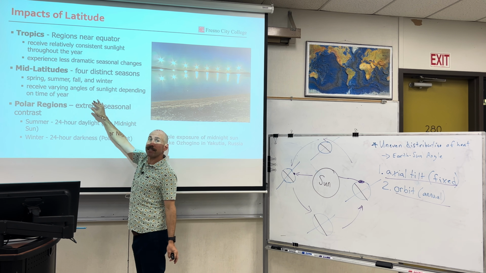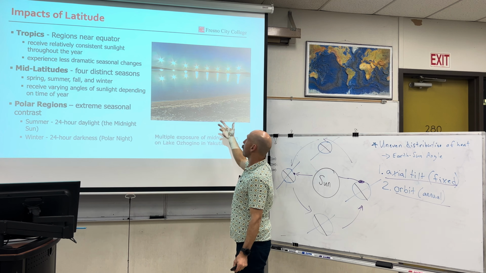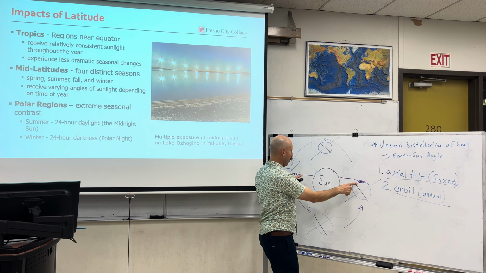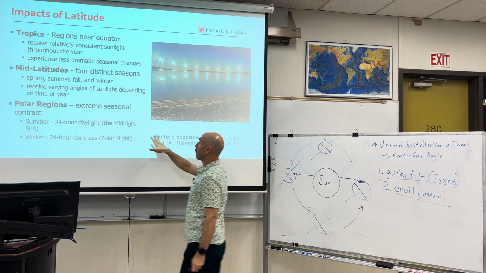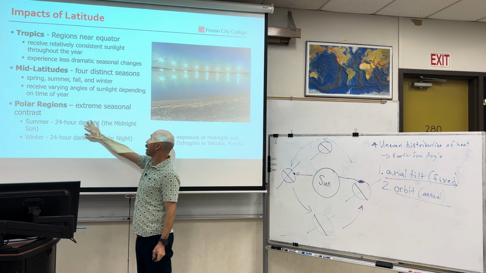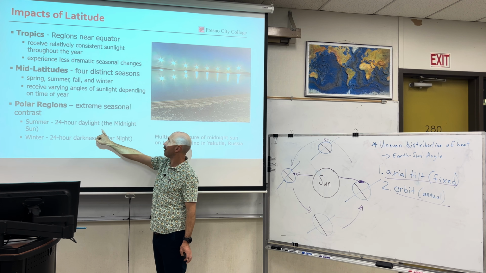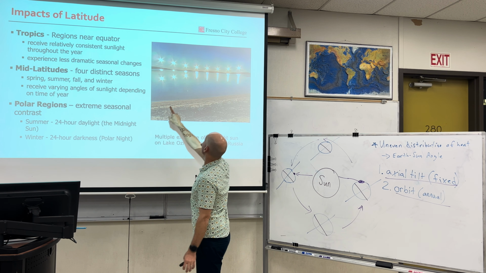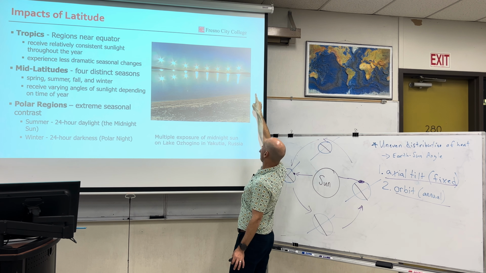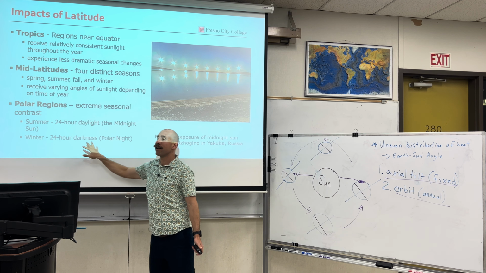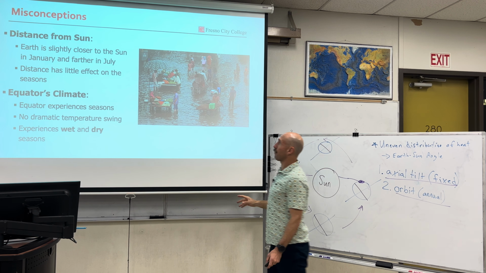Mid-latitudes have 4 very distinct seasons: fall, summer, winter, spring, receiving varying amounts of daylight. This is kind of our example here. The Earth-Sun angle changes tremendously. And then polar regions have extreme seasonal contrast. The summer has a 24-hour daylight called the midnight sun, which we can see here. The sun goes down close, but it doesn't go all the way down, and then comes back up. And then 24-hour darkness in the winter for the polar night.